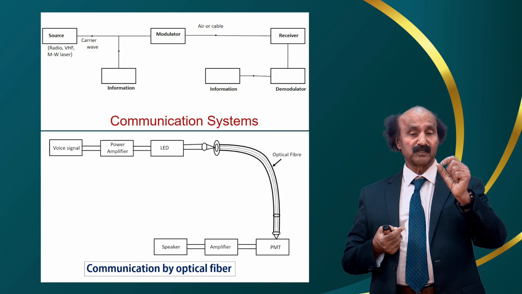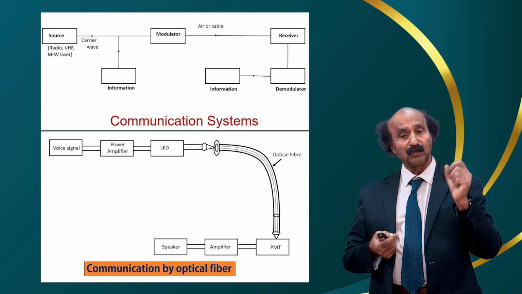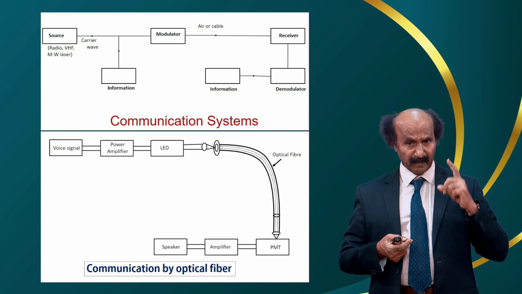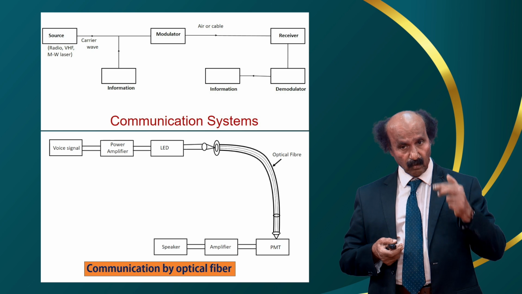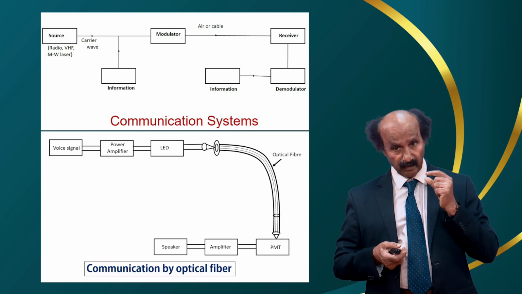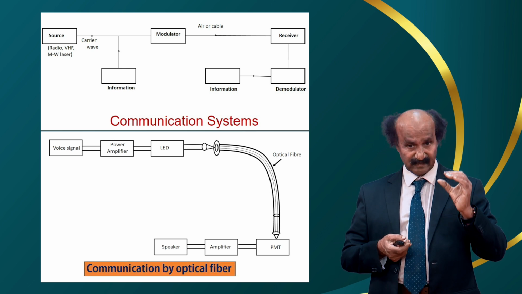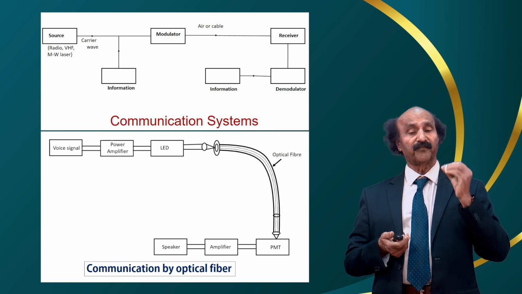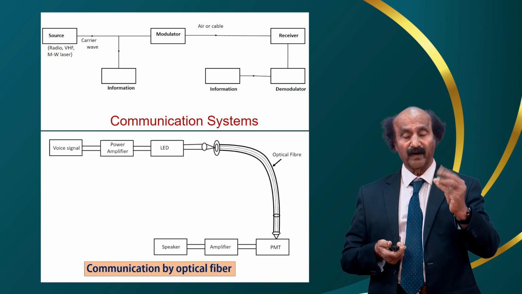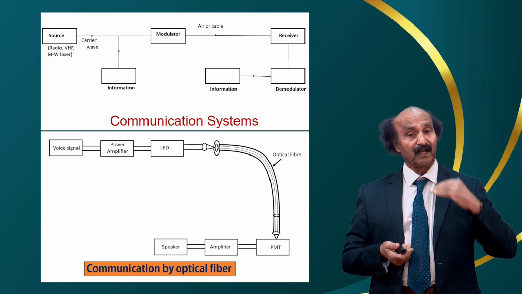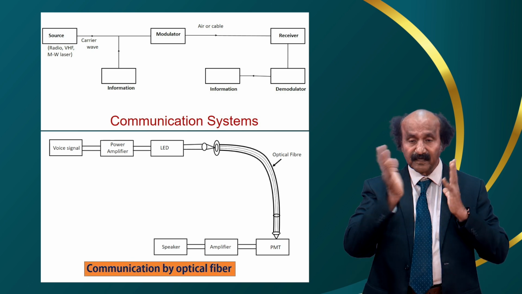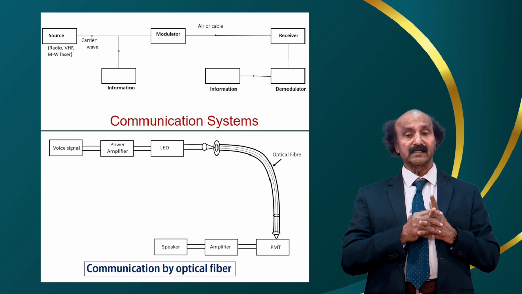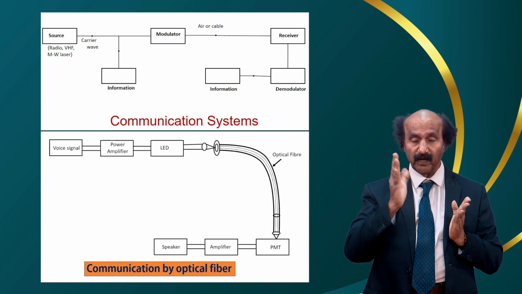Now, you have a small lens focusing onto the optical fiber. The optical fiber has a special type of structure. It has a core and a cladding. Core is a glass. Let us take it is a glass of refractive index, let us say 1.5. On the outside, you will have another type of glass of refractive index, let us say 1.3.